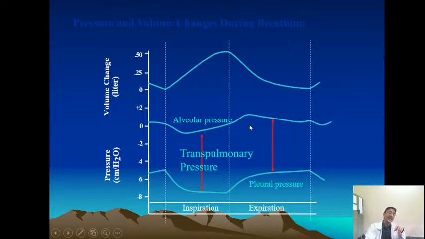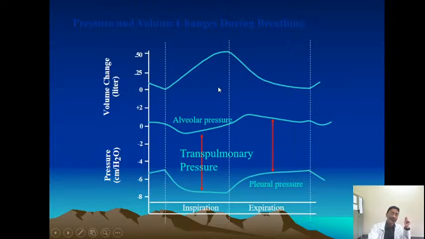So a change in the pleural pressure and the alveolar pressure causes air entry and exit from the alveoli, and that is the volume change, which is the tidal volume. What is the tidal volume? Tidal volume is the amount of air inspired and expired during each breathing cycle.